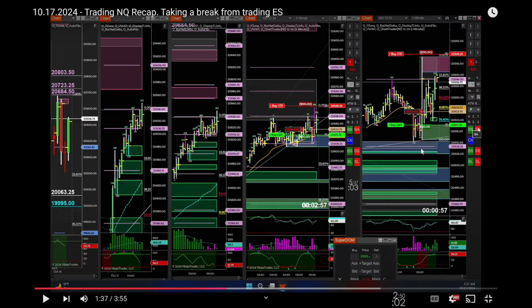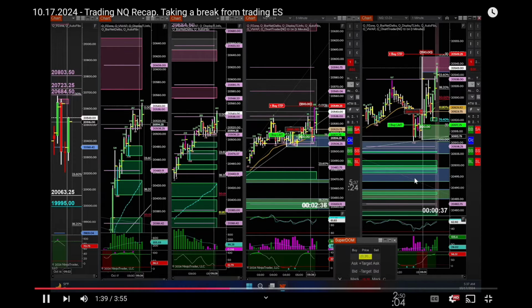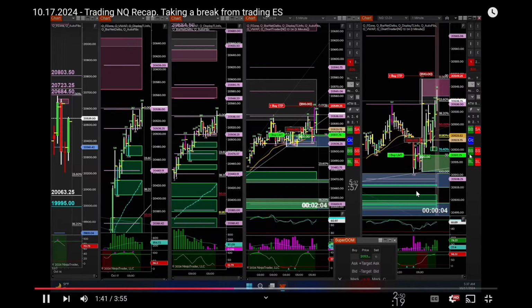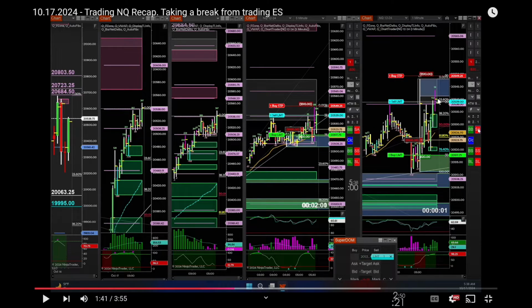Now, I decided to take another position short up here because I saw that buyers weren't stepping in here at all. It's basically a lot of absorption here from the sellers, right? Because the POC there, and then you also got a distribution bar right there. I decided to take another short right there.